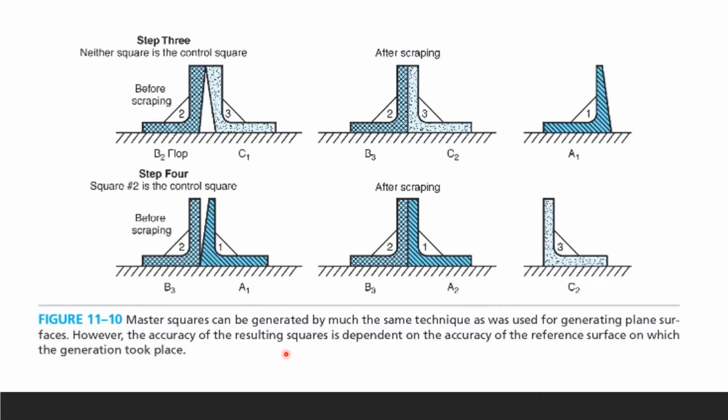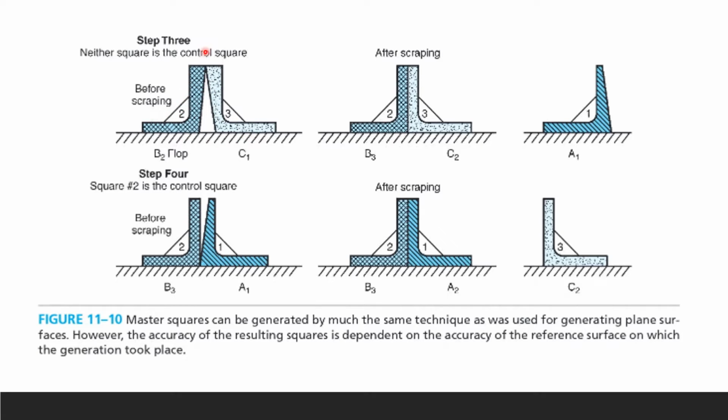So master squares can be generated by much the same technique as was used for generating plane surfaces. But the accuracy of the resulting square is dependent on the accuracy of the reference surface on which the generation took place.